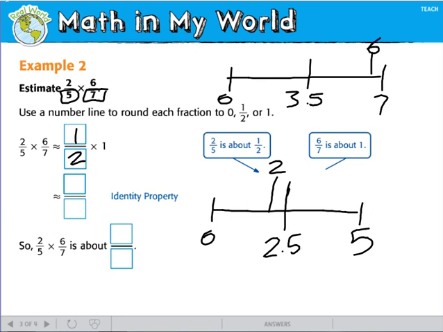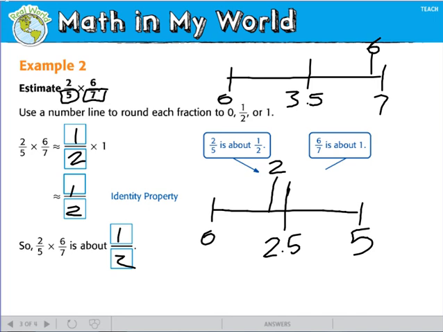So there's our 6. What's 6 closest to? 7. Which is going to round to 1. So we have 1/2 times 1. Anything times 1 is itself.